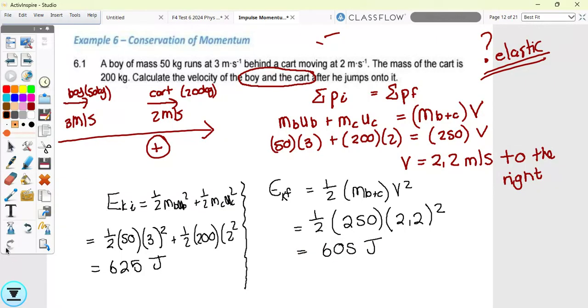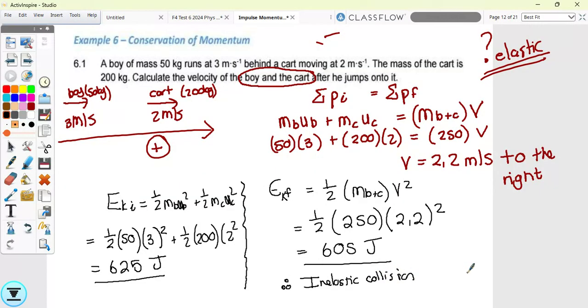So now we can answer the question. Only once you have the answers, you answer the question. So what do I need to say? Okay, so you're going to say, therefore, it's an inelastic collision.